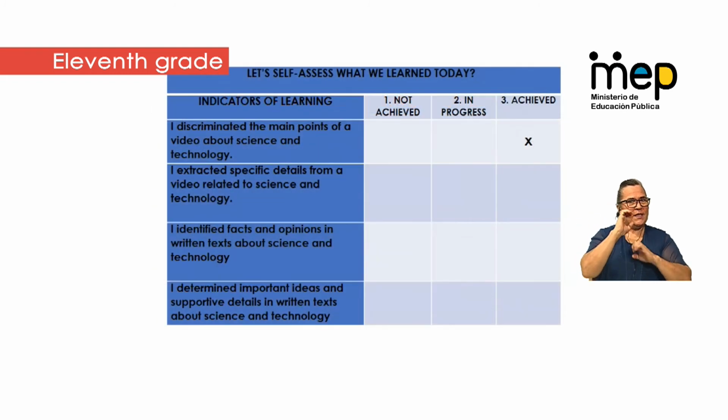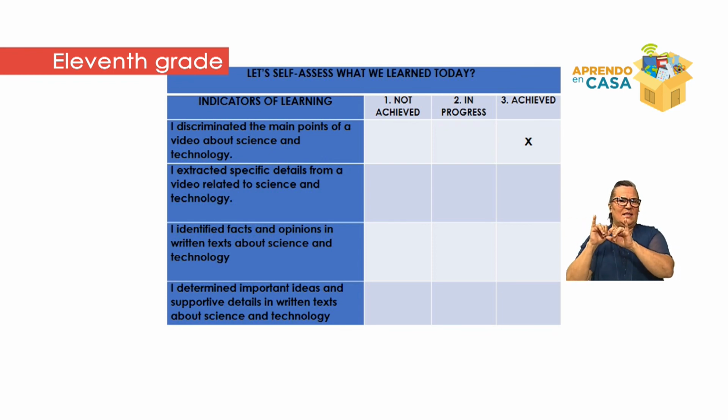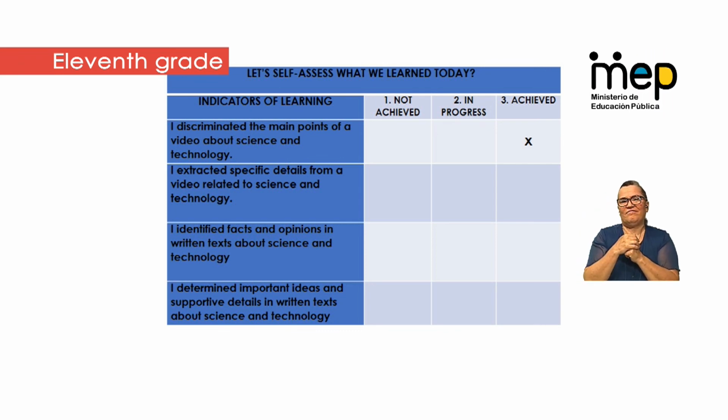Now that we did this self-assessment, let's go to the next one, because we're going to do 2 evaluations in each lesson. I'm going to read some indicators of learning, what I want you to learn. I discriminated the main points of a video about science and technology. Achieved? Yeah, I know you did it. I extracted specific details from a video related to science and technology. Could you get the correct answers?